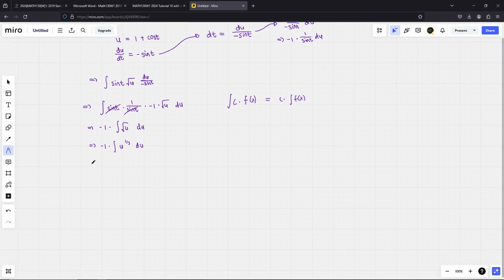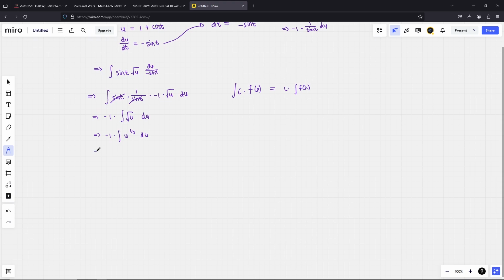Okay, now let's take the integral. Now how would I do that with this? Well, I'm going to add 1 to the exponent, and then I'm going to divide by the same thing. So a half plus 1 is just 3 over 2.